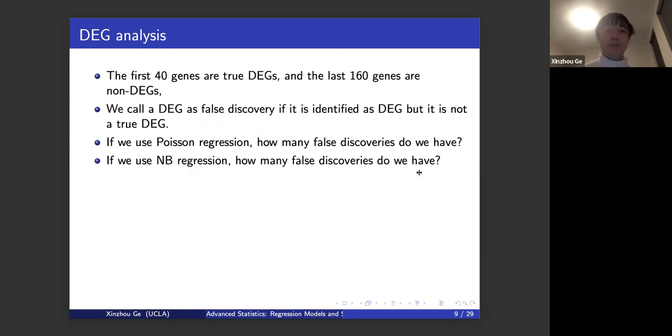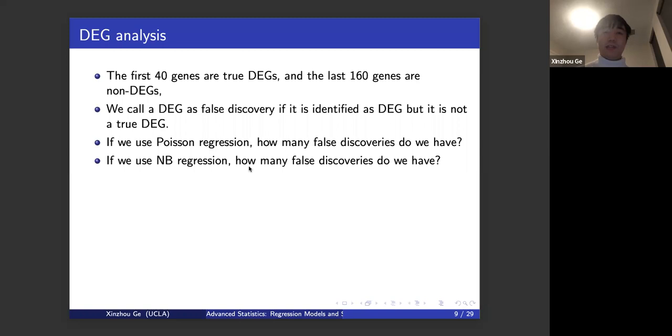So if we use Poisson regression models, let's see how many false discoveries we have. And we will also see how many false discoveries we have if we use negative binomial regression. Maybe we can start from the negative binomial regression because we have just done this and we already have the p-values for all the genes.